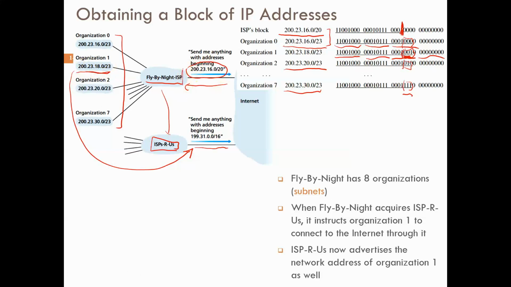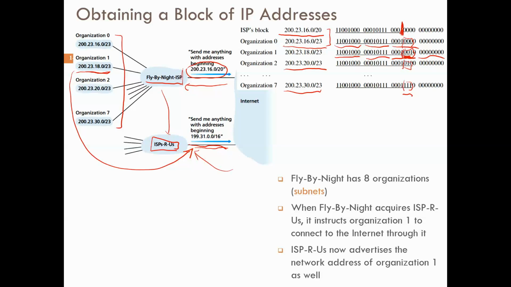Now, the question is, Fly-By-Night ISP has purchased ISPs-R-Us, which has a different address block, and now it wants, if a packet is coming to a device in organization 1, that the packet should be routed to ISPs-R-Us, not to Fly-By-Night. It's sort of a load balancing thing. I want actually not all my traffic to come to Fly-By-Night. I want some of the traffic to come to ISPs-R-Us.